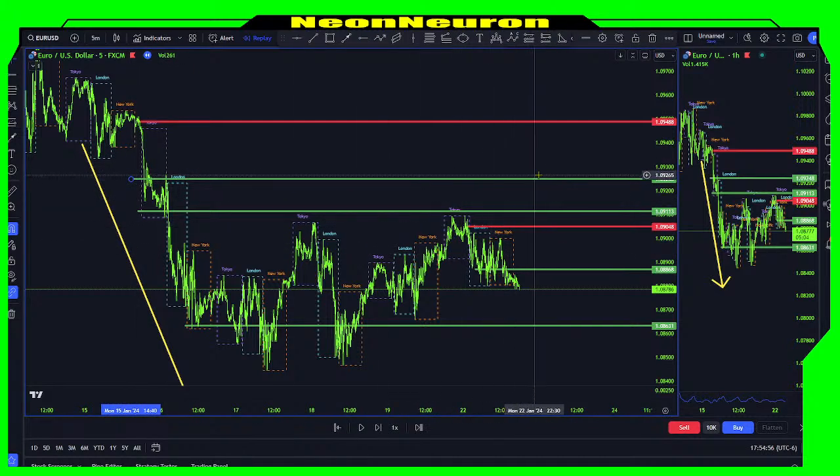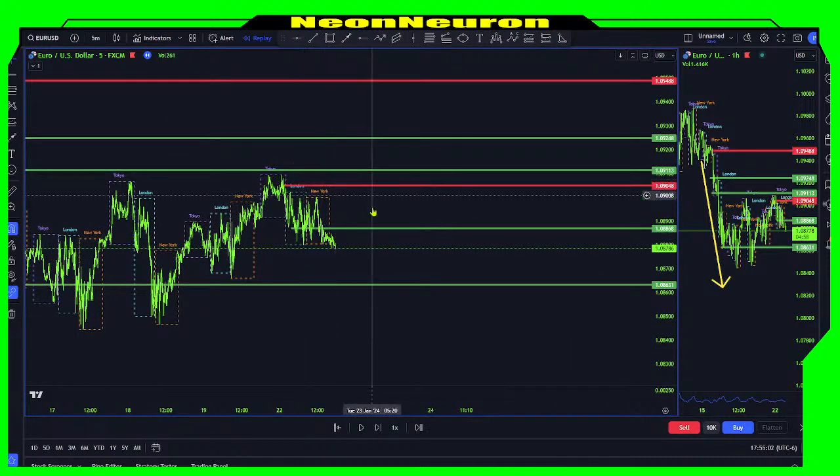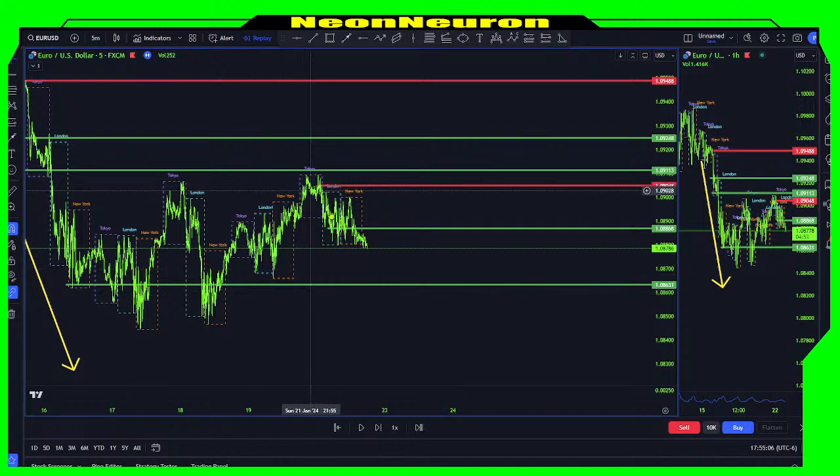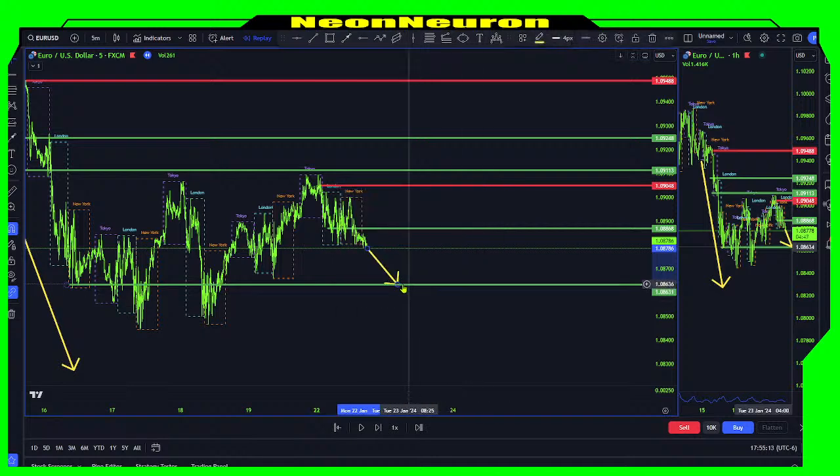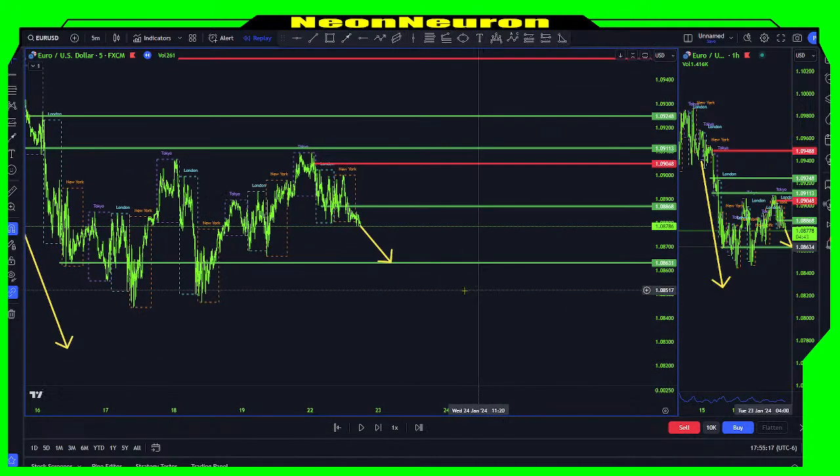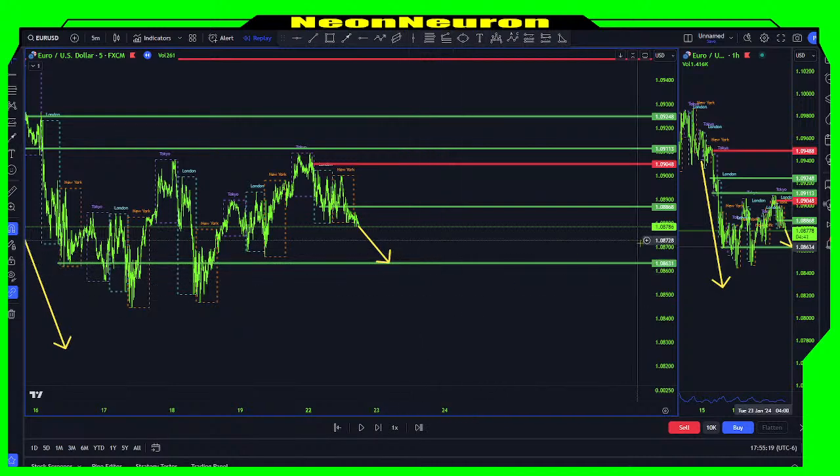If this area gets breached and they start going for this price, that's when you know the buyers are back. But until then, all this is for selling. And from the looks of it, it looks like we are headed for support. So I'm going to be selling at least until this point right here, until 86.30. That's how long I'll be selling for.